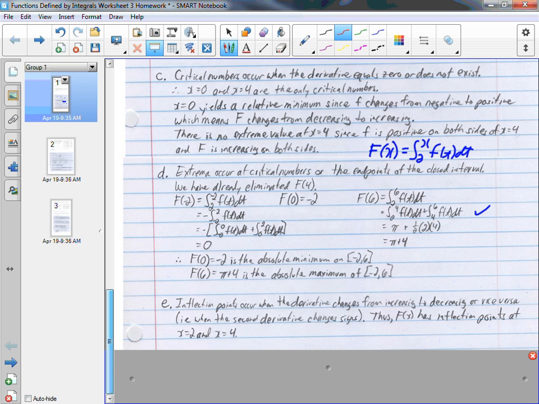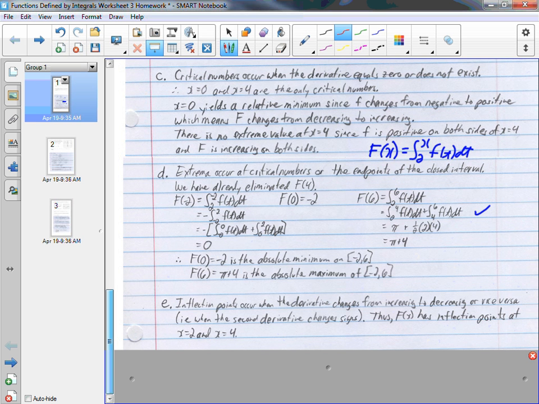Now, that was part E. In part F, they're going to ask us about the concavity itself. So remember, and it was on the first handout I gave you, 3 things go together. F concave upward, F prime increasing, F double prime positive, all go together.